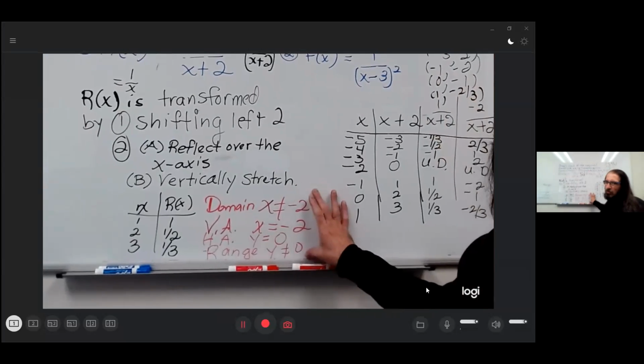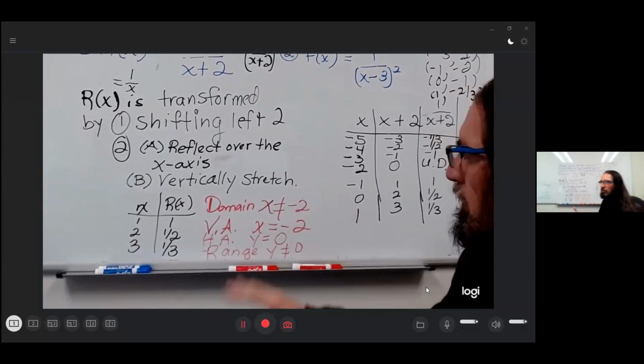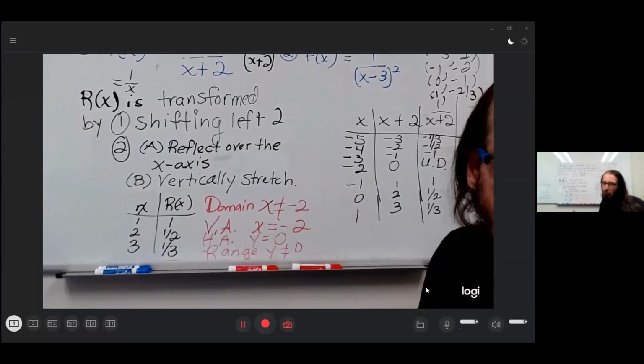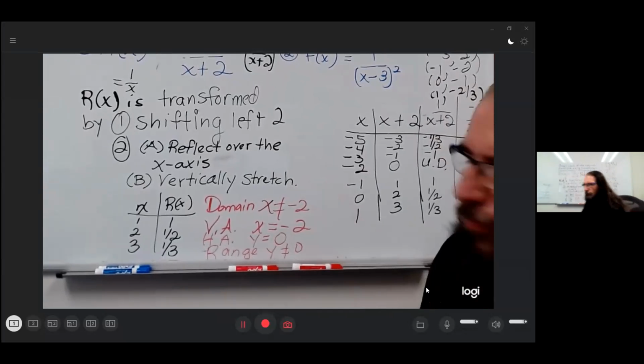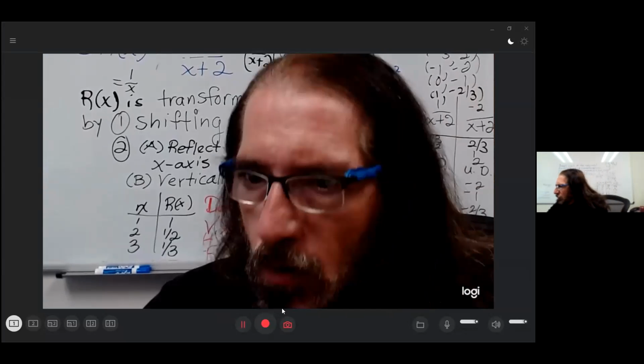Again, domain and range. Do they want that written in set builder notation or interval notation? This is not in either. I've just expressed what x and y cannot be equal to. One more coming up in just a bit.